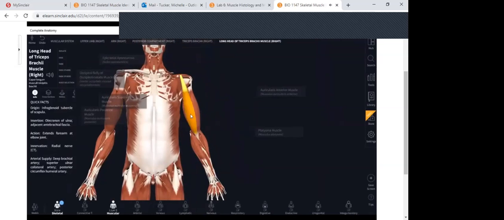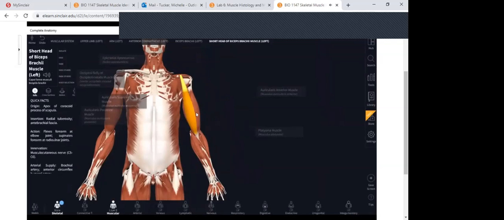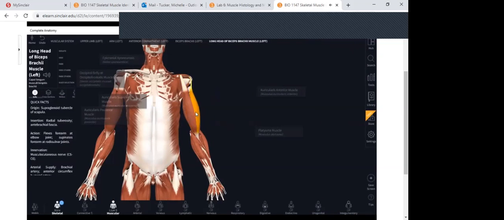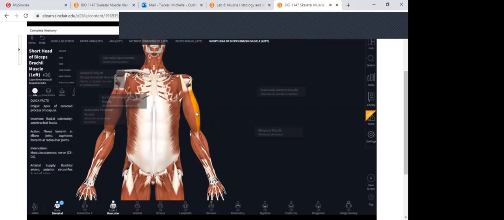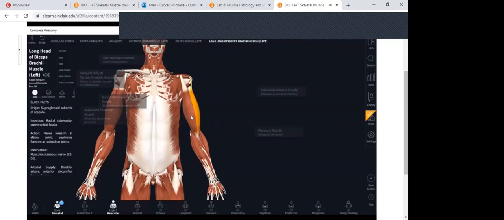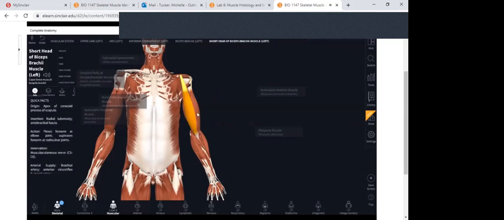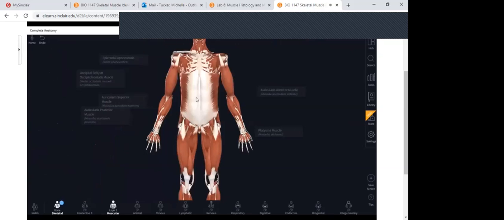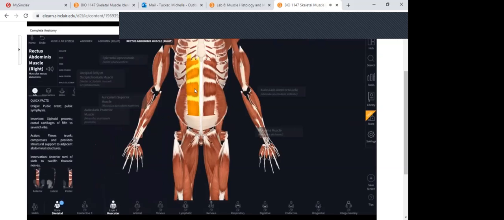On the front of the arm, we have biceps brachii, which is responsible for flexing the arm at the shoulder, as well as flexing the forearm at the elbow. We have 4 abdominal muscles. We have rectus abdominis, which is responsible for flexing the trunk.